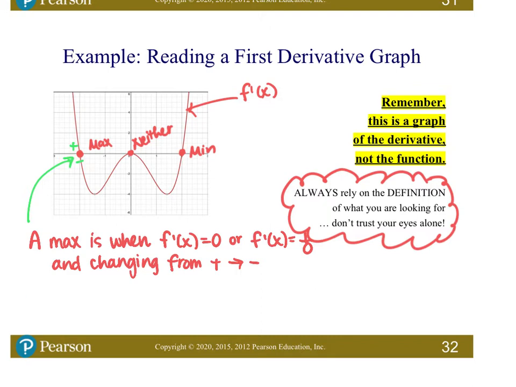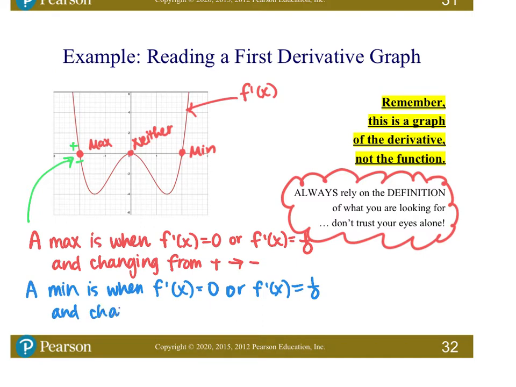A min is when f prime is equal to 0 or f prime of x is undefined, and changing from negative to positive.